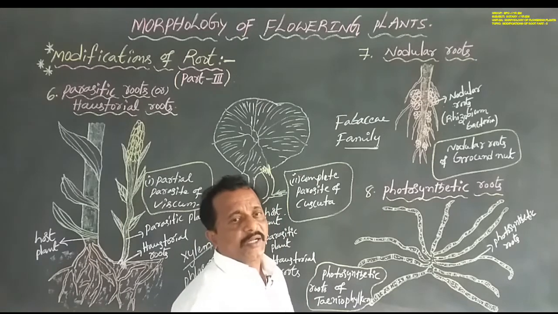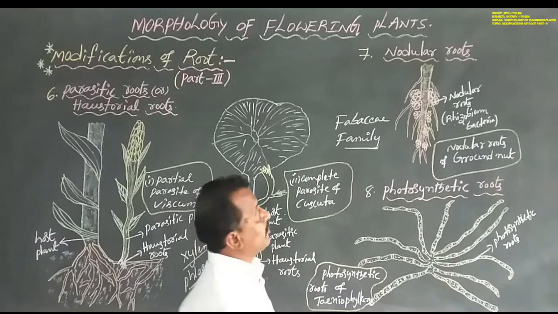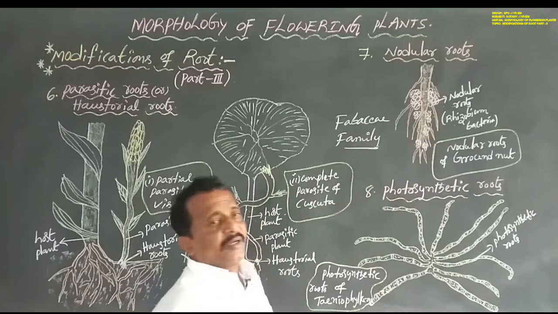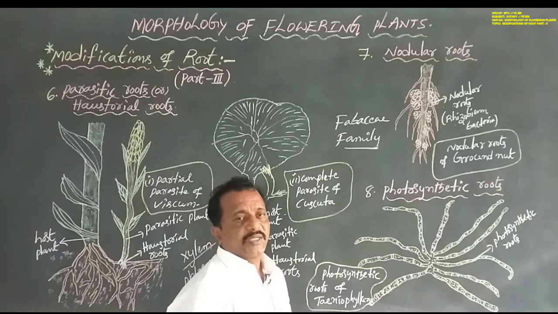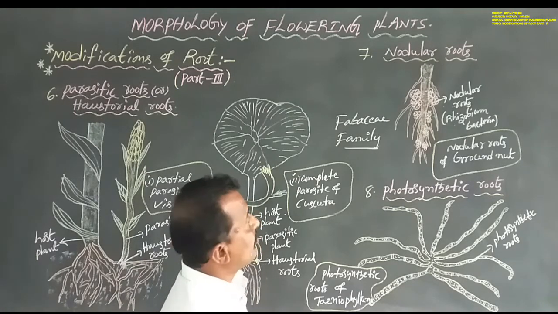These nodular roots contain Rhizobium bacteria, which always helps in fixing atmospheric nitrogen. By this means these plants are very rich in nitrogen. Why? Because these plants contain Rhizobium bacteria.